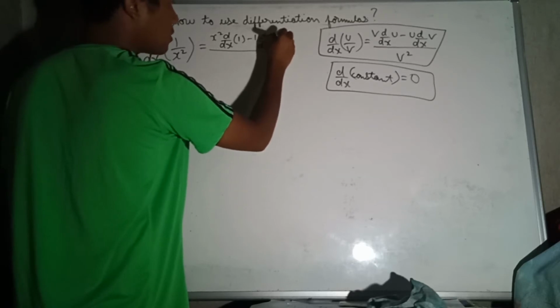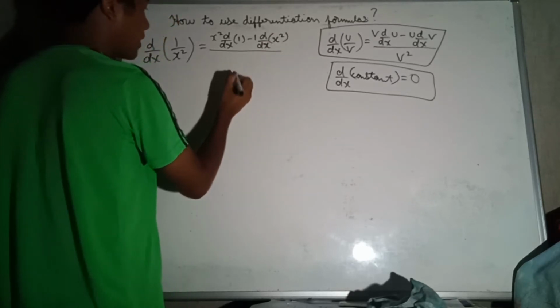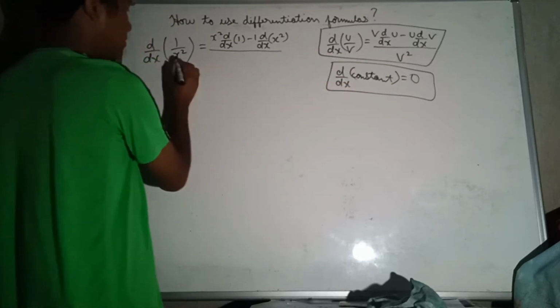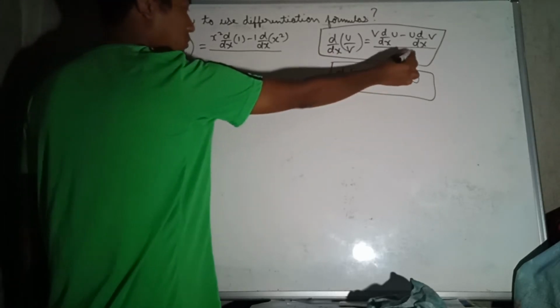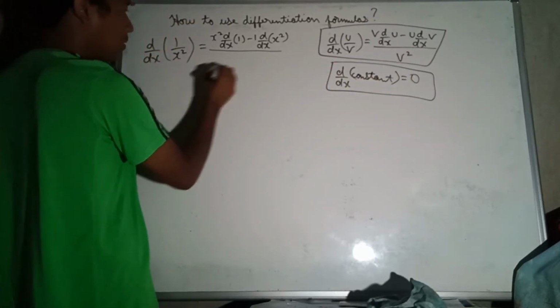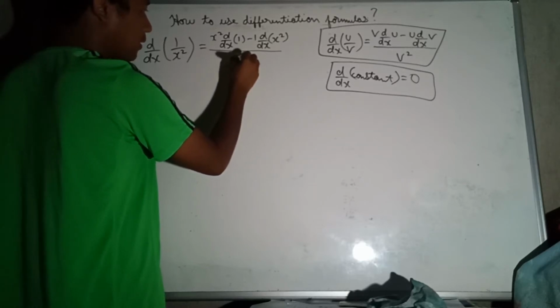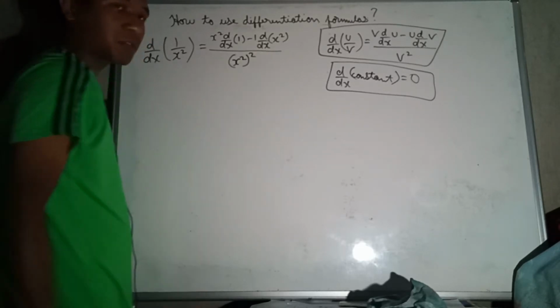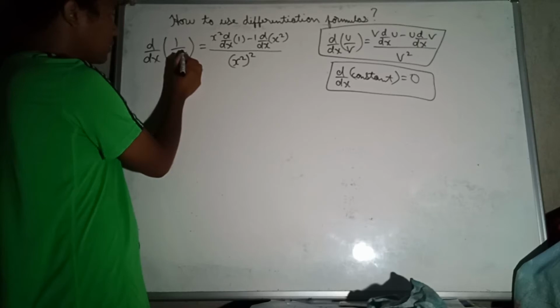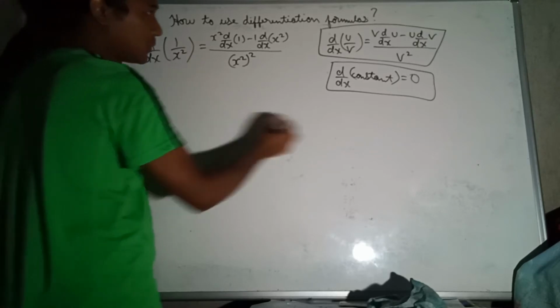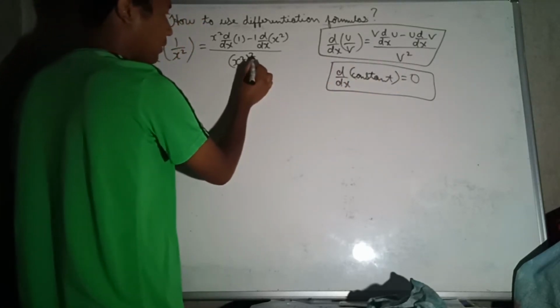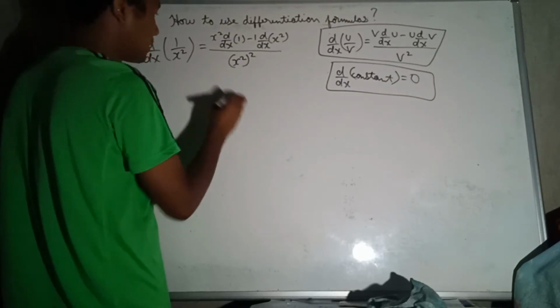d/dx of x squared, divided by v squared, which is x squared whole squared. Not mistaking it, v squared, not u squared.